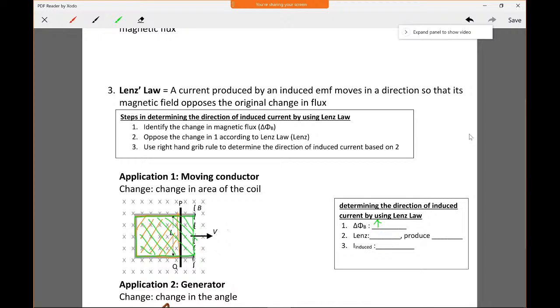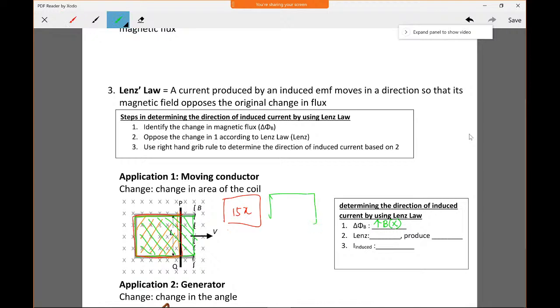What is the direction of the original magnetic field? It is an increase of the crosses, the magnetic field going into the page. If you look at the diagram, it is also very clear. Initially, how many crosses inside? 1, 2, 3, 4, 5. Initially you have 15 crosses inside.